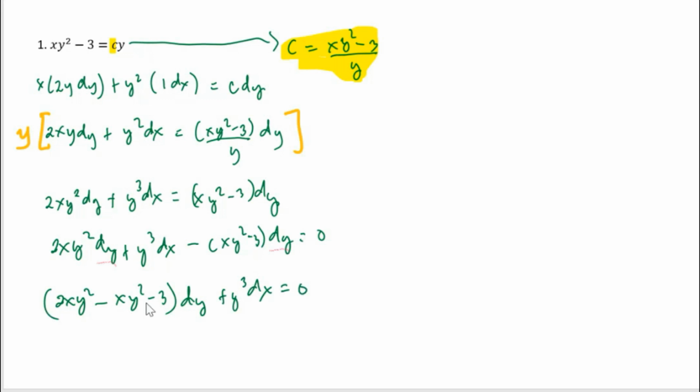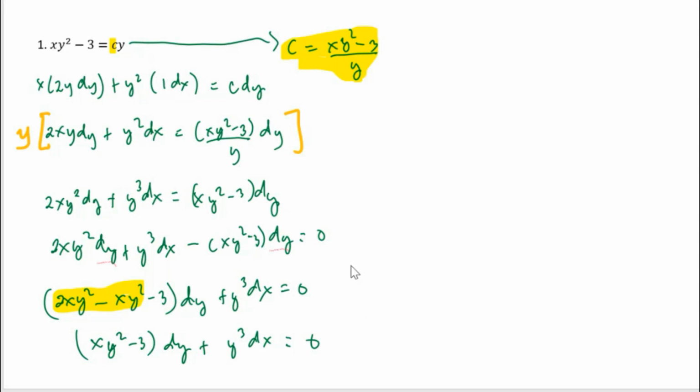Now, by looking at the quantity 2xy squared minus xy squared minus 3, the first two terms are like terms. So we can simplify that, 2xy squared minus xy squared. So this will give us xy squared minus 3 of dy plus y cubed of dx is equal to 0.